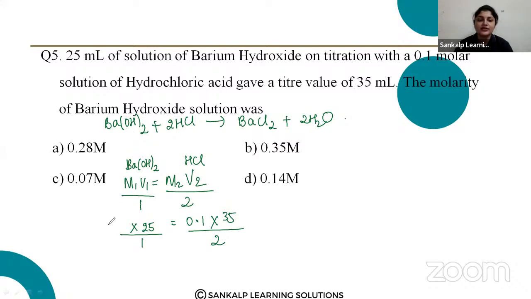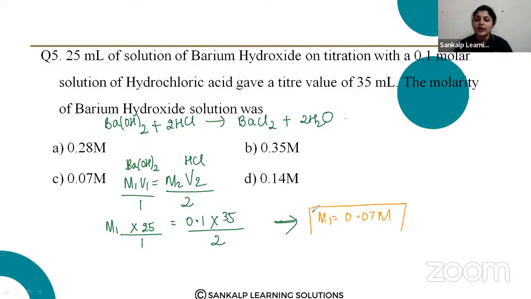So M1 we have to find out. After solving this, what you will get, just see. M1 equals 0.07 M.